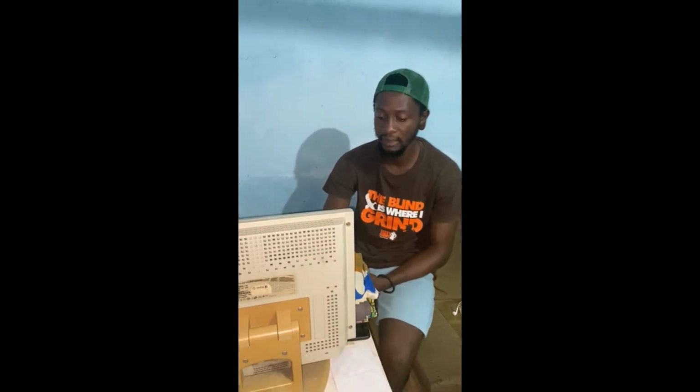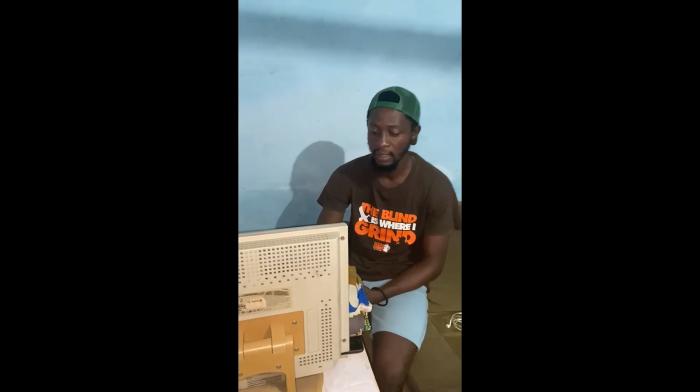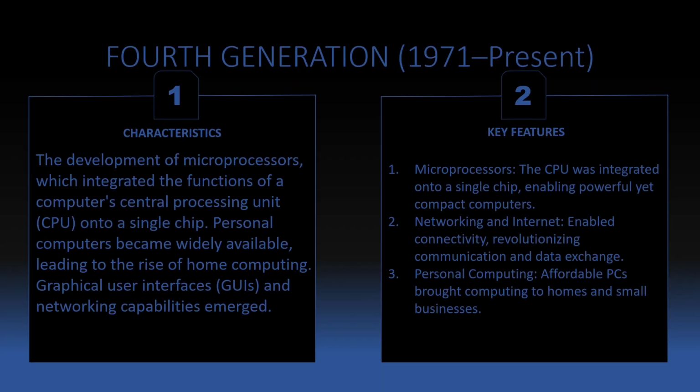Fourth generation characteristics: 1. The development of microprocessors, which integrated the functions of a computer's central processing unit onto a single chip. Personal computers became widely available, leading to the rise of home computing, and graphical user interfaces and networking capabilities emerged. 2.